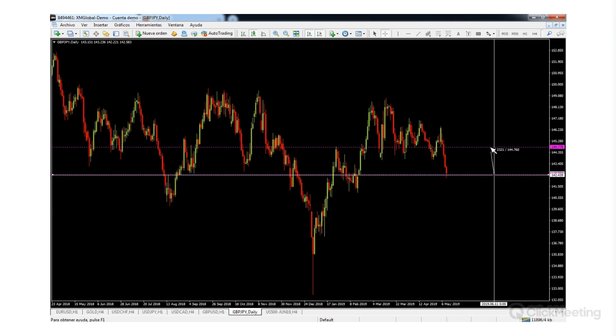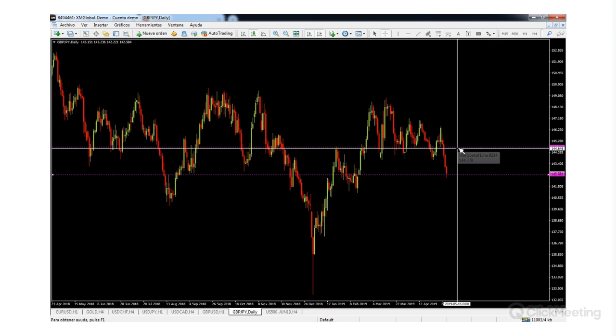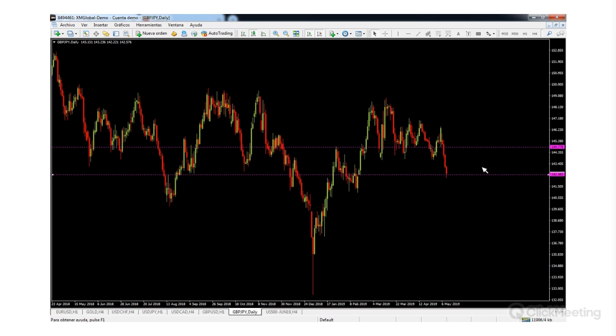So that would have yielded around 230 pips for a 50 or 60 pip stop loss. This is a missed opportunity. But again, it doesn't matter. There's opportunity every single day, and we are not going to be chasing the market.